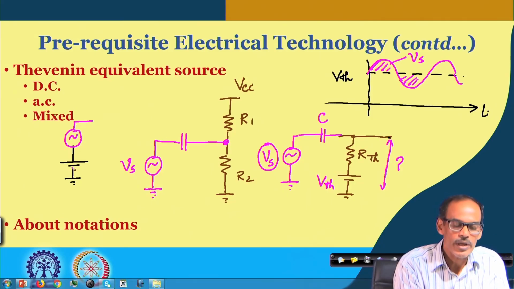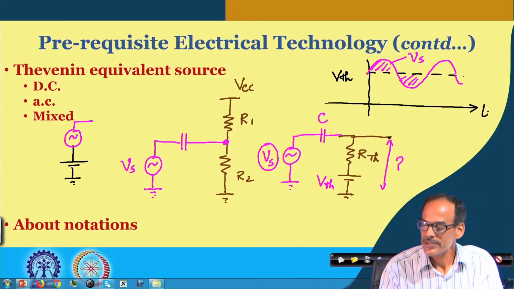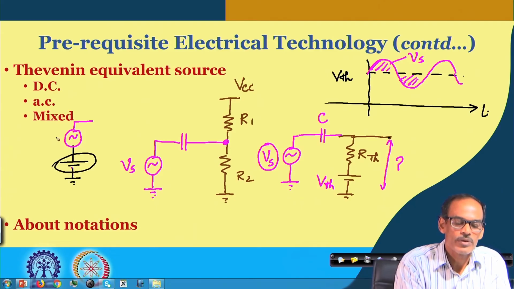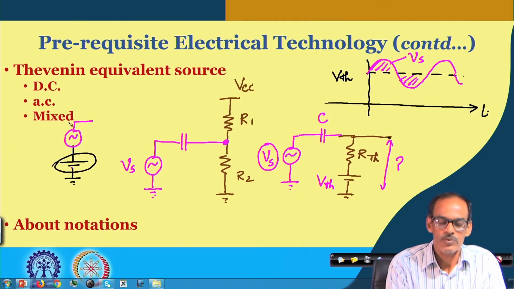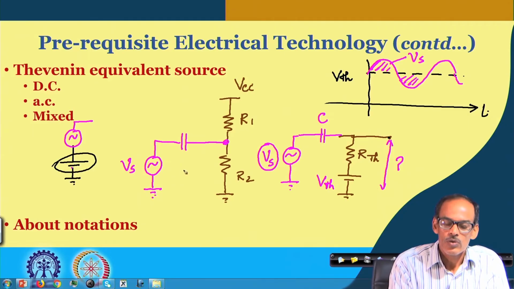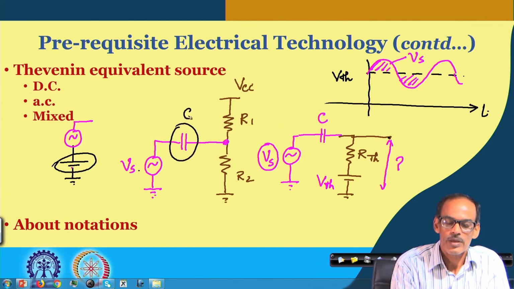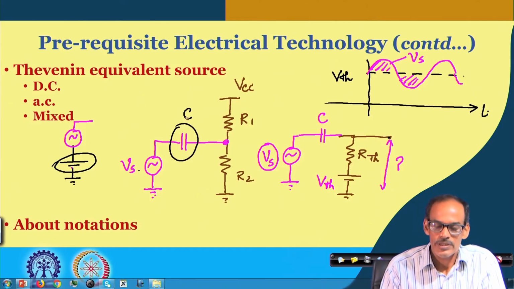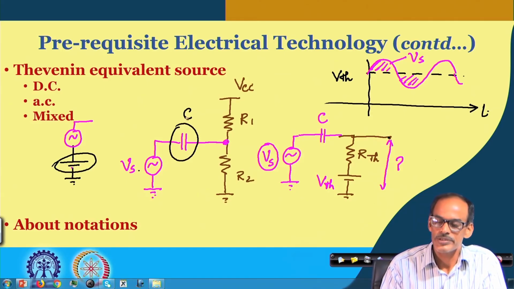Many times we will see that this DC source is used to bias an active device, whereas we do have a completely independent signal source coming from another element, and we decouple the two sources, the DC source and the AC signal source, through this capacitor C. But of course, you may be wondering what the role of this C is, or what the suitable value of this C may be, and where you get this condition.